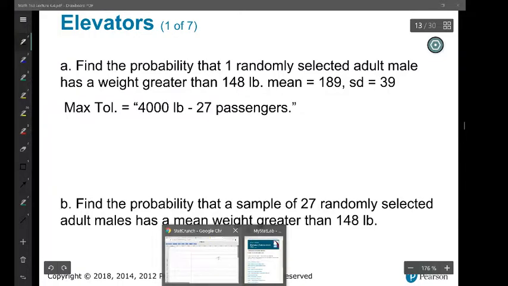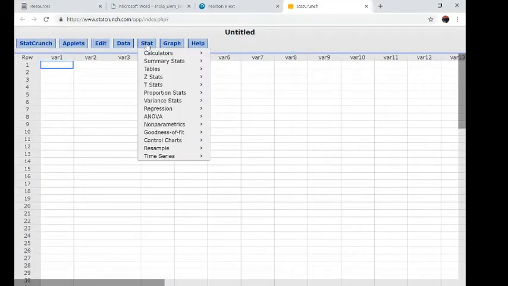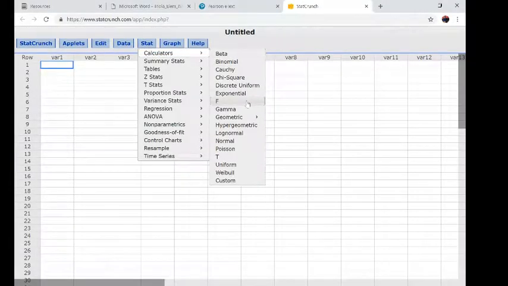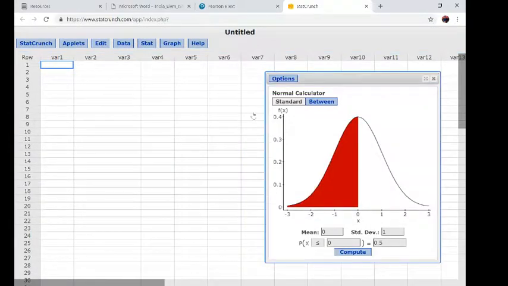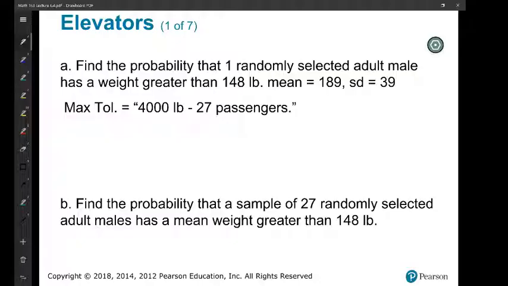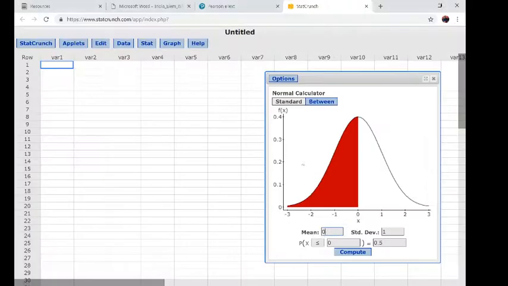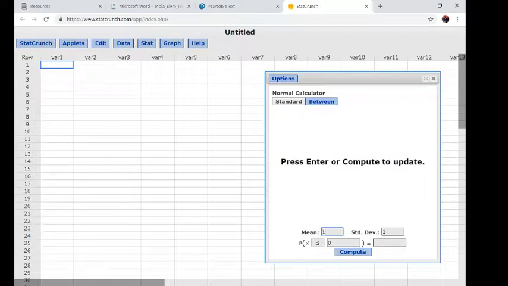Well, go to your StatCrunch, Stats, Calculators, Normal. And type in the mean weight, 189, and the standard deviation of the weights is 39.